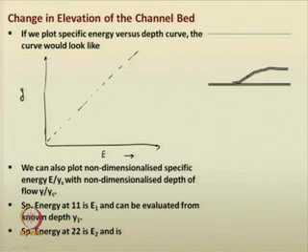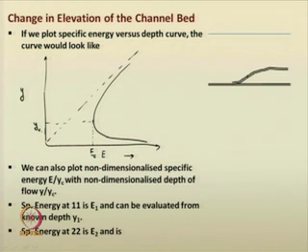So, you recall that the specific energy versus depth of flow curve looks something of this nature, and you also know the location of the minimum specific energy E c, that is the critical energy, and the corresponding depth is the critical depth.